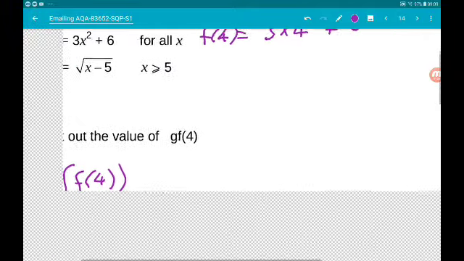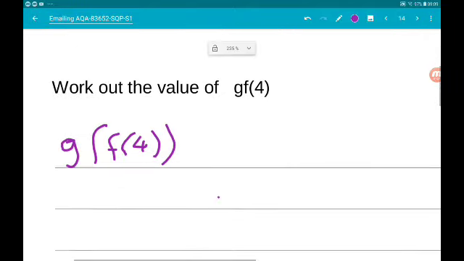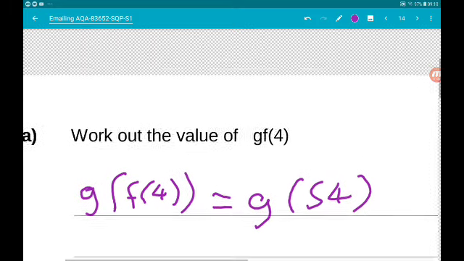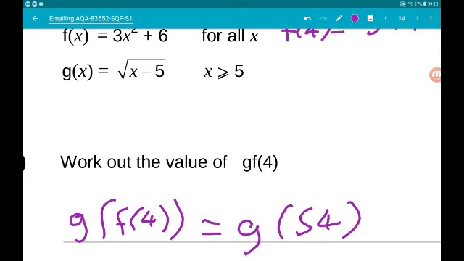So our question now, g of f of 4 is g of 54. So we substitute x equals 54 into g of x.